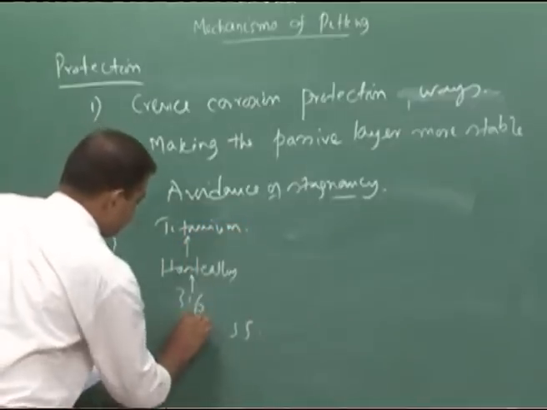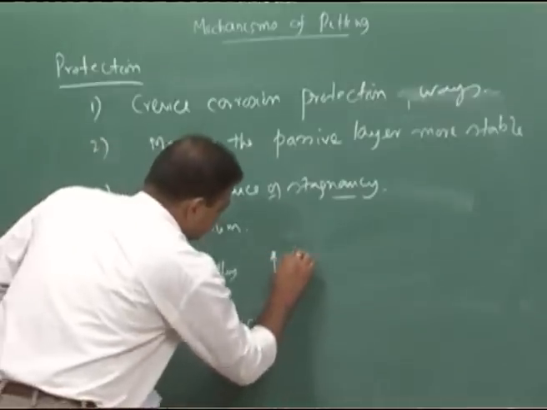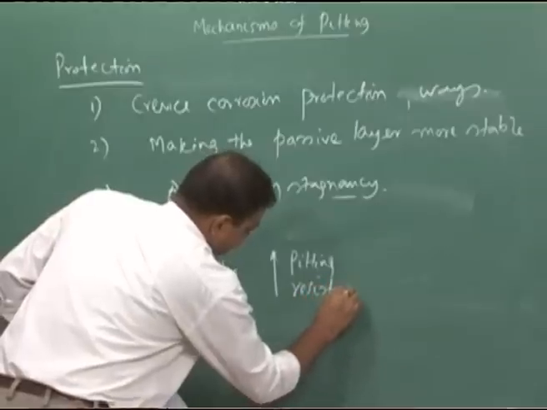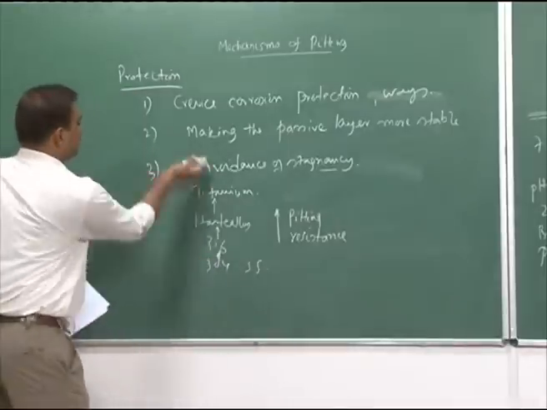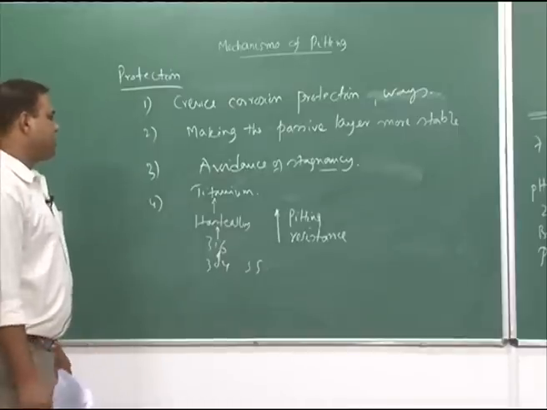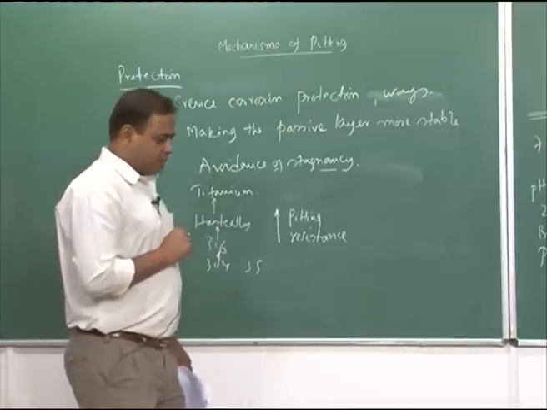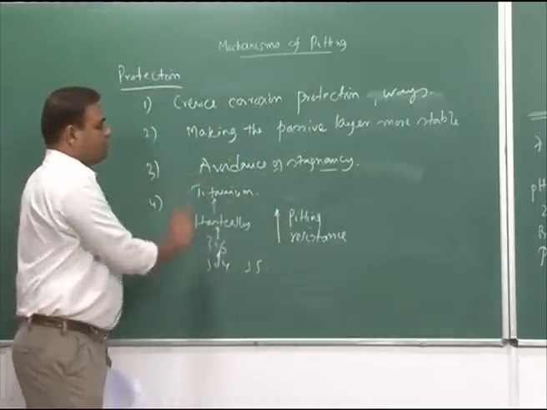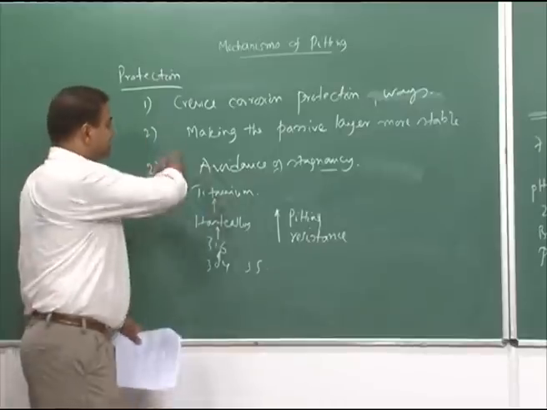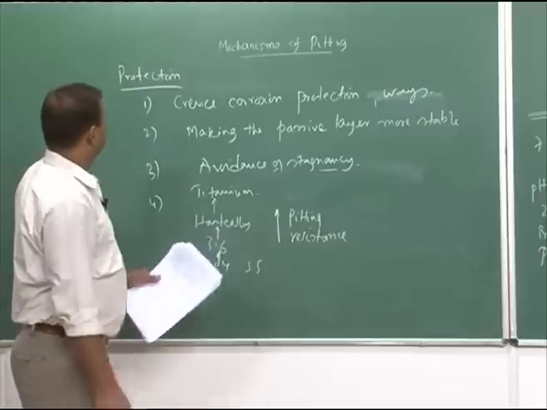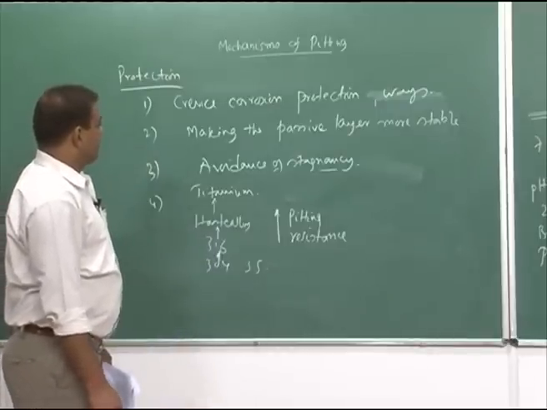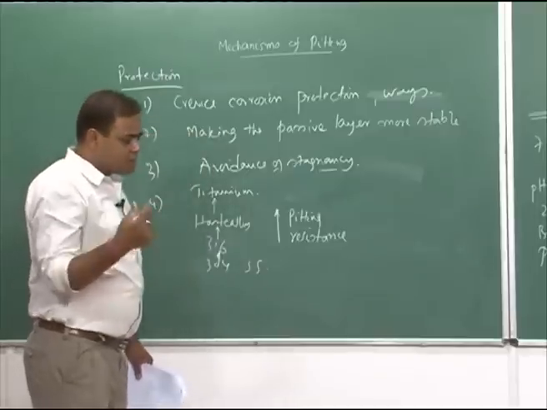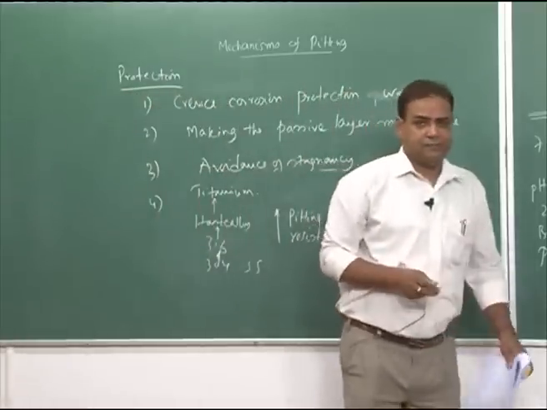So, pit resistance increases as we go up like this. Depending on the situation or the corrosiveness of the solution or the environment, we can choose particular metals and alloys. So, these are some of the basic protection mechanisms, and if we follow this kind of protection mechanism, we can avoid pitting to a great extent.